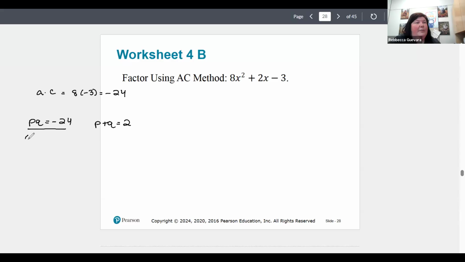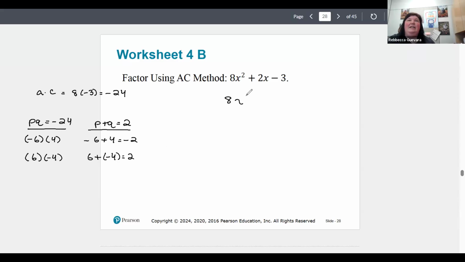So I think what we probably use is negative 6 and 4. Those multiply to give me negative 24, but if I add them, we get negative 2. Remember that when that happens, switch the negative. So 6 plus negative 4 is a positive 2.